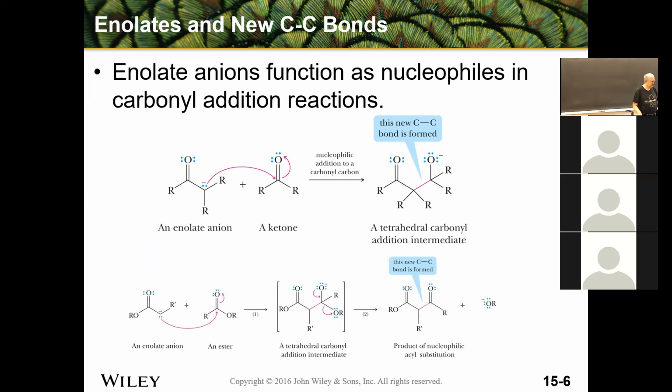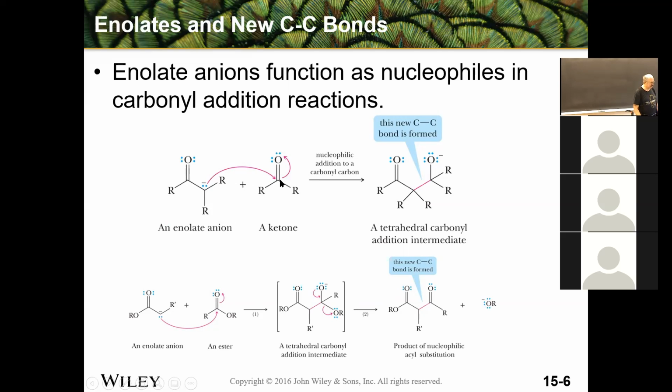Okay, one of the things we can do with enolate anions is they are useful as nucleophiles in carbonyl addition reactions. Okay, the first example is an addition reaction. Okay, we form the enolate anion.